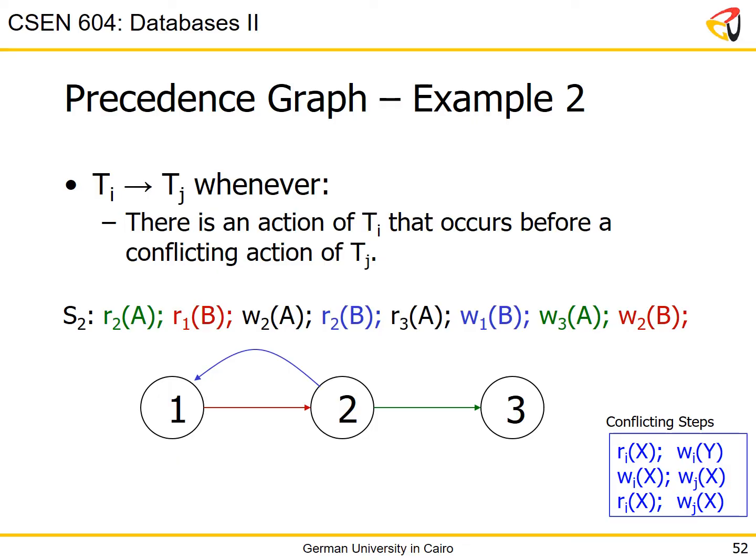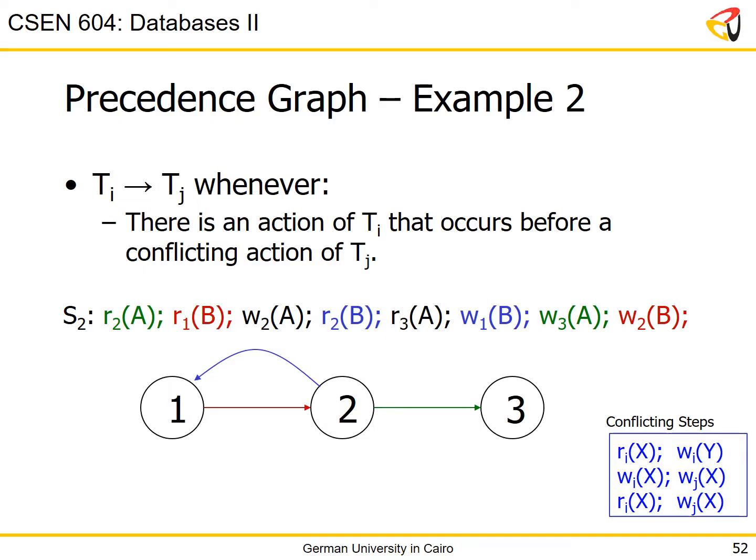Why? Because I am saying the following, according to the logic here. I am saying that the effect of this schedule is producing a result that is exactly equivalent to T1 followed by T2 followed by T3, and as well T1 followed by T2 followed by T1 followed by T2 followed by T3, which is impossible.